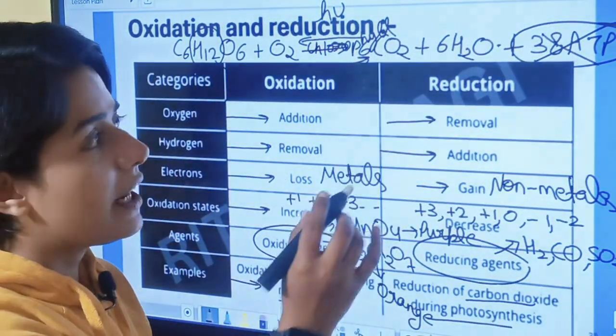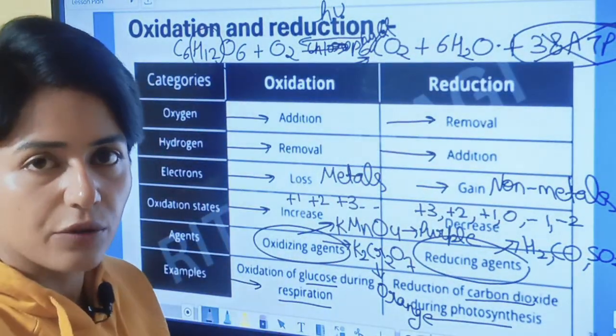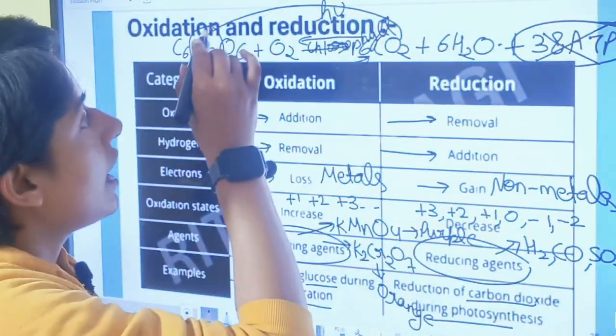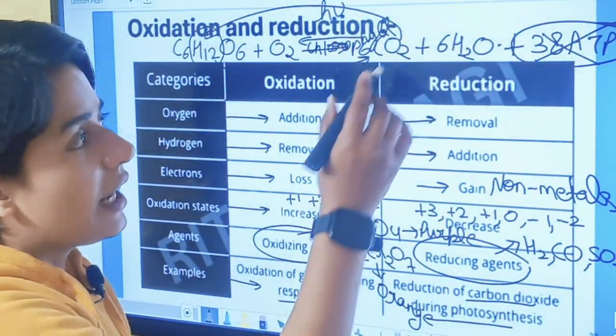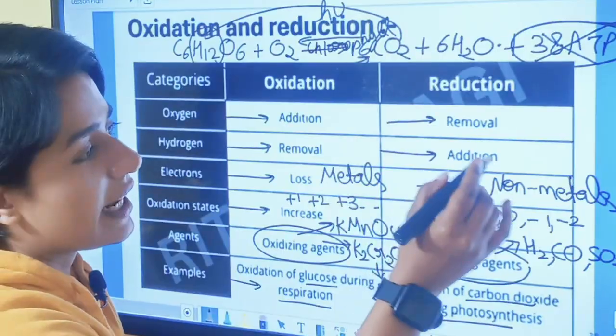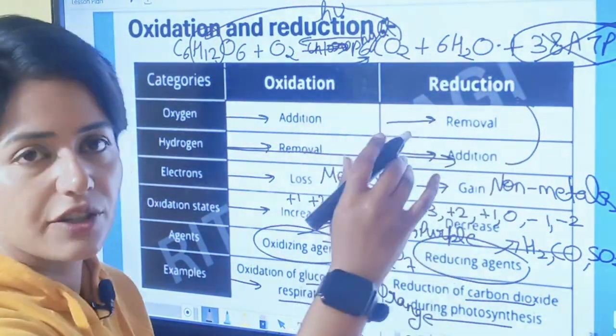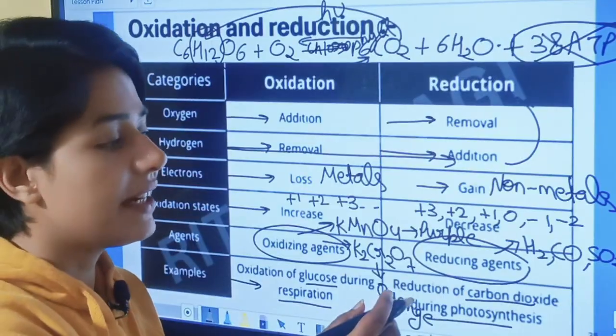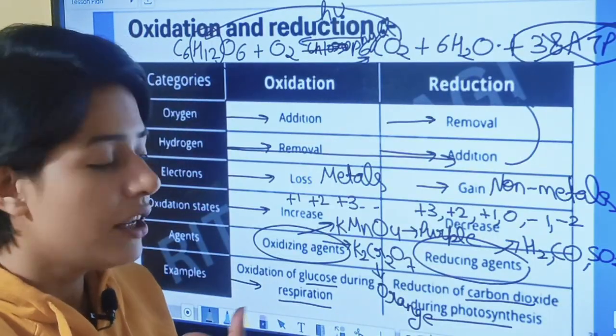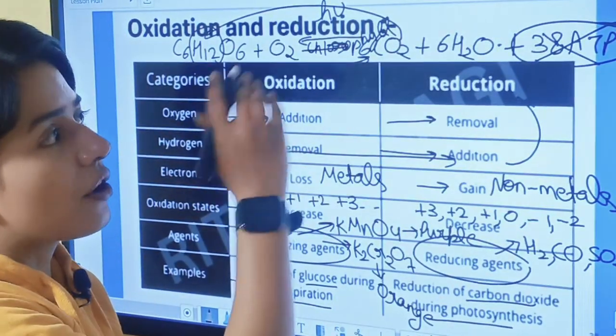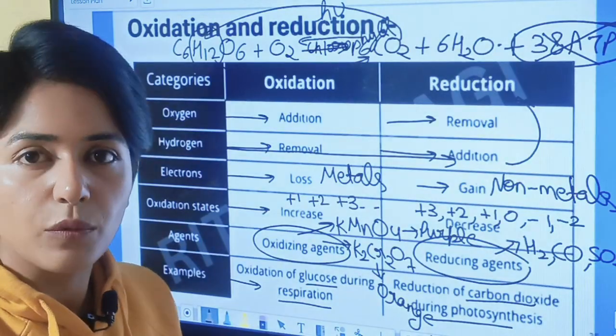Here, carbon dioxide has only oxygen, not hydrogen. But in the product, hydrogen is added. So addition of hydrogen is considered reduction. So photosynthesis is a reduction process of carbon dioxide, whereas respiration is an oxidation process of the glucose molecule.